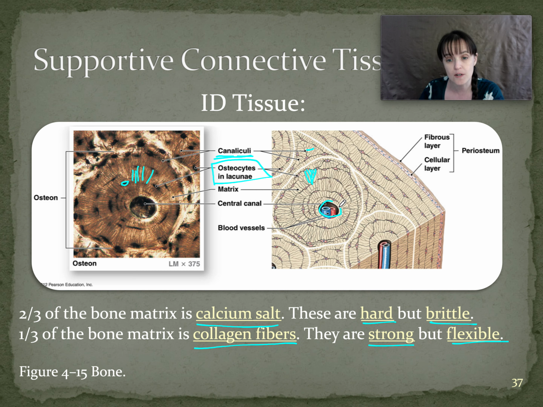Because where are your blood vessels? In the bone, in the central canals. So how are the oxygen and nutrients from this artery supposed to get to these osteocytes? It travels through the canaliculi from osteocyte to osteocyte.